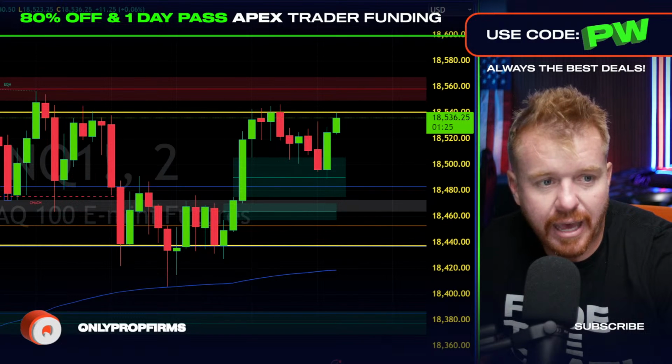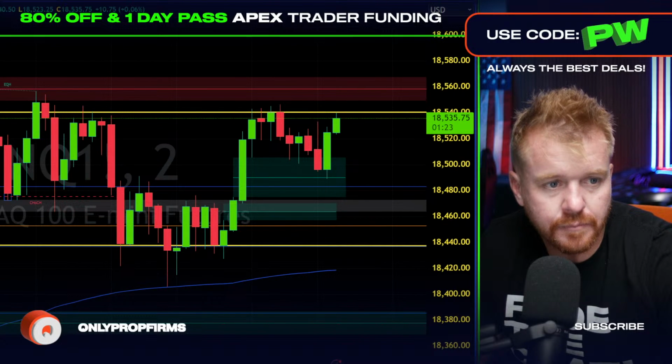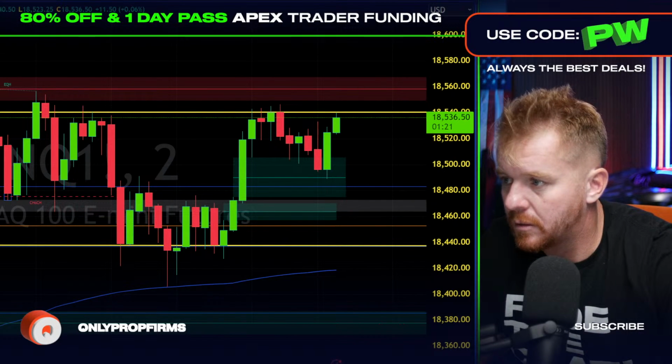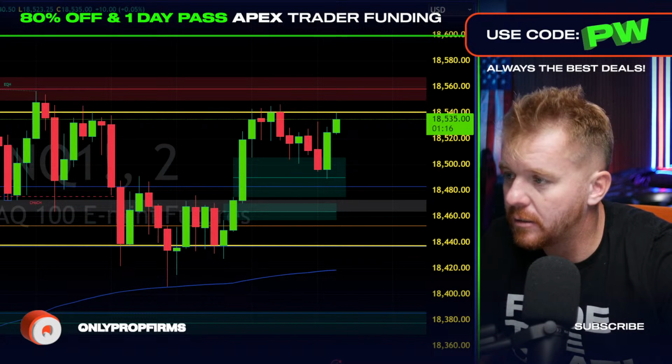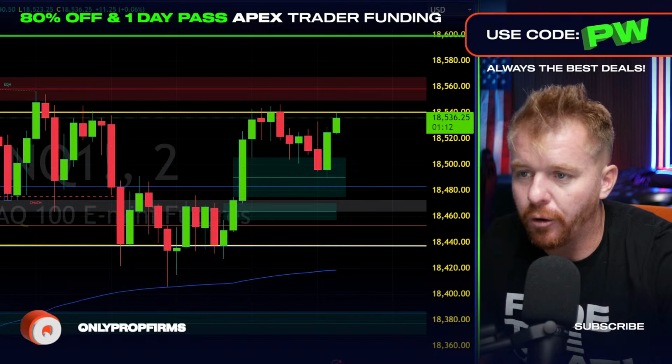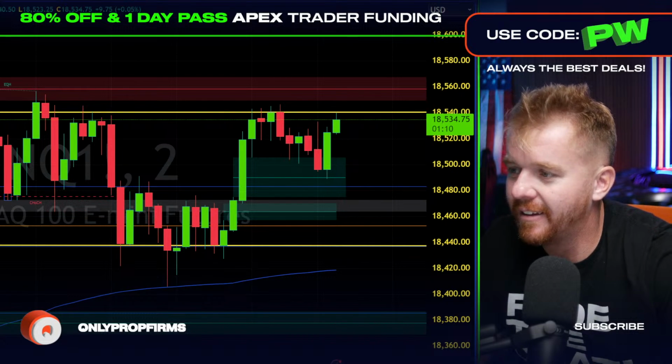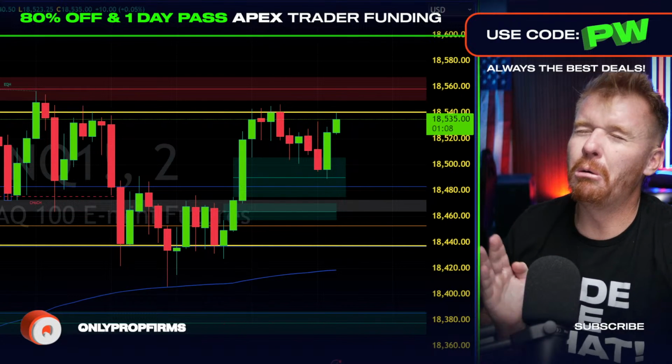Up there to the 40s once again. I think we'll get a boner candle just straight up there. Look for like a 100-point boner candle to the upside from here. If we break out. Just whee!